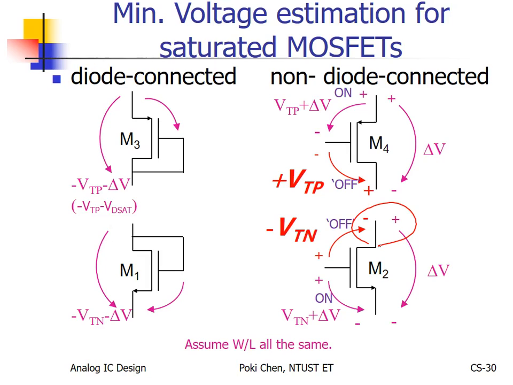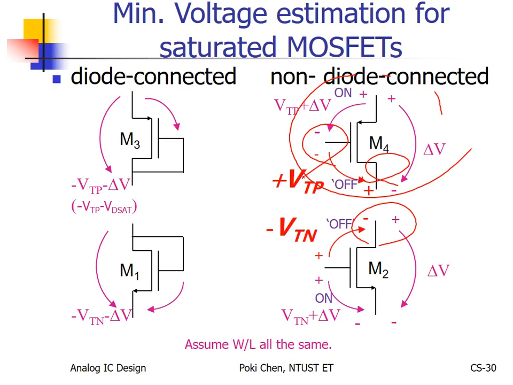Greater than or at minimum equal to 1 VTH lower than VG. Okay, keep this in mind. And how about PMOS? The same. The drain voltage according to gate can be higher. The maximum is 1 VTH. Got it?